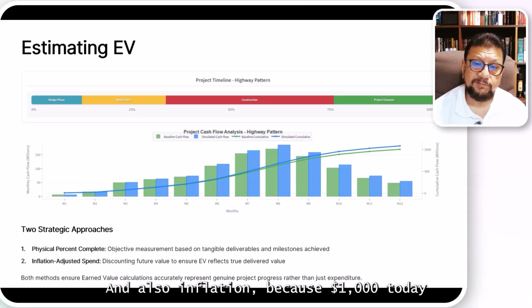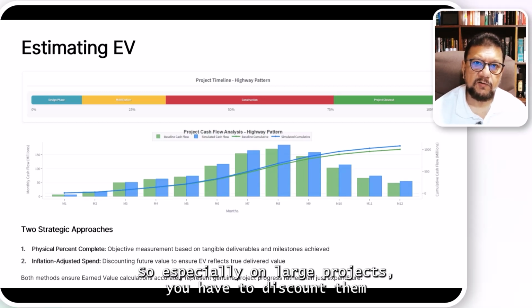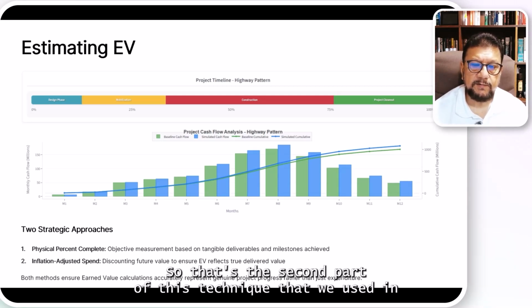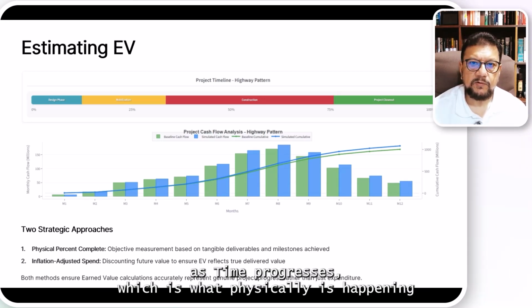And also inflation, because $1,000 today will not get you the same amount of work done a year from now. So especially on large projects, you have to discount for the inflation rate, for the overheads, and for some estimation errors. So that's the second part of this technique, that we use an estimation rate, which will discount the value of the work as time progresses, which is what physically is happening.